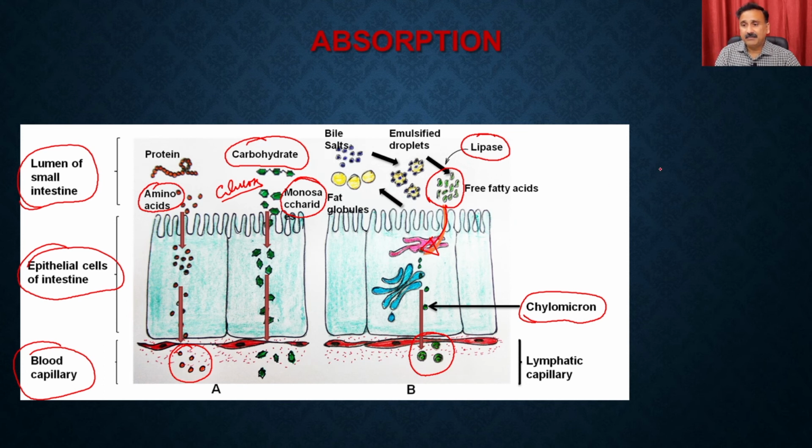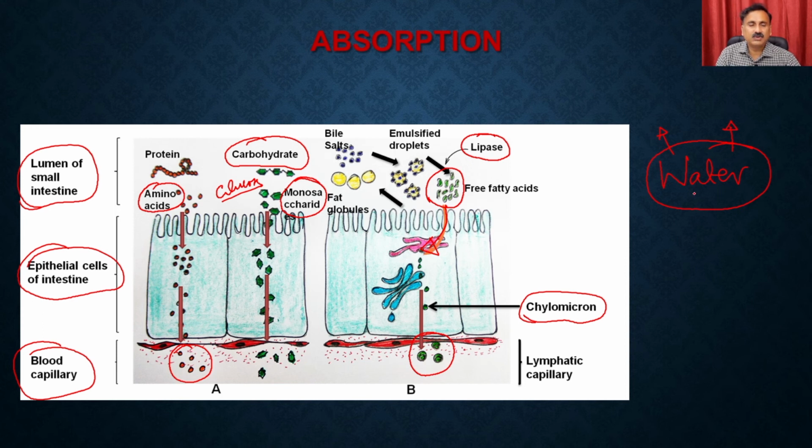Apart from this absorption, one of the major components which is also going to be absorbed from the food is the water, because there is a huge quantity of water present in the alimentary canal, and this water is very precious. So the water has to be absorbed back into the body, so that it provides the necessary water supply into the body.